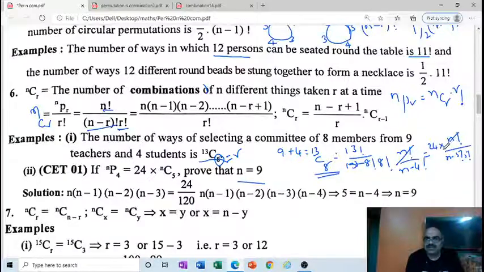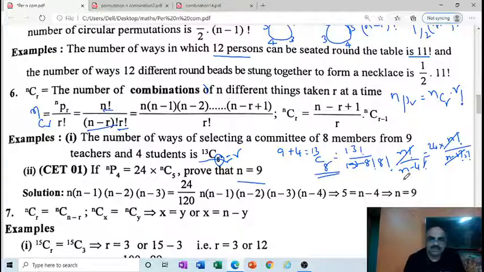Numerator, you can cancel, since it is equated, n factorial on both sides. See friends, n minus 4 factorial and n minus 5 factorial. After n minus 5 comes n minus 4, so n minus 5 factorial cancels with this, and you will have n minus 4 left on this side. You must write this.